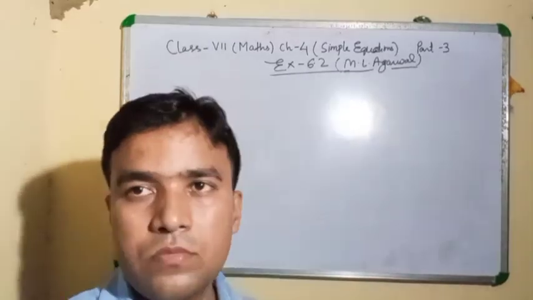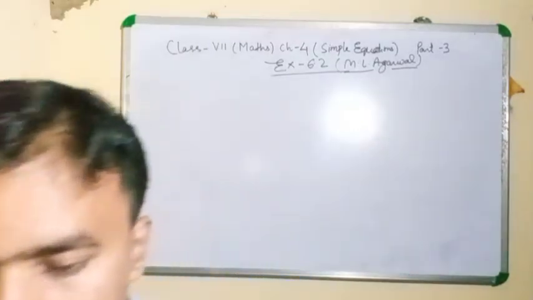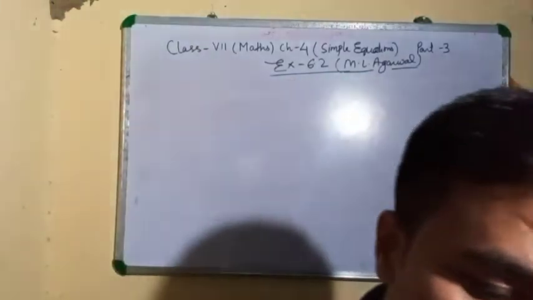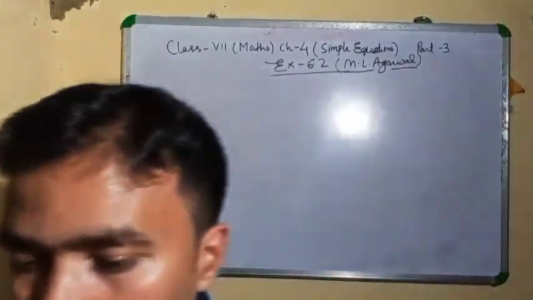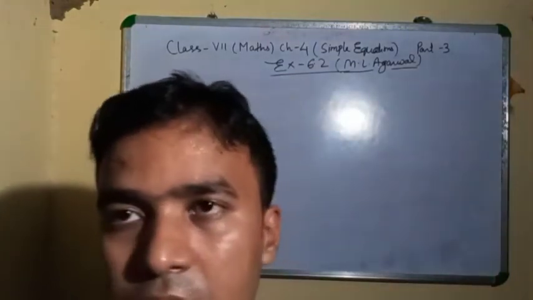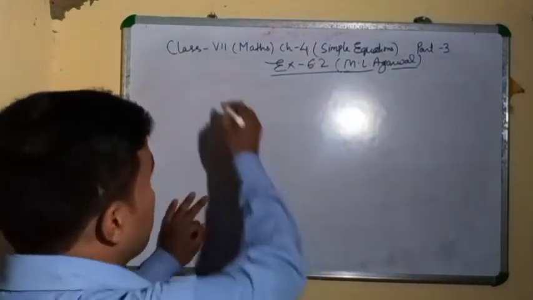Note down. Question number 7. In a class of 35 students, the number of girls is 2/5 of the number of boys. Find the number of girls. Clear? Question number 7.